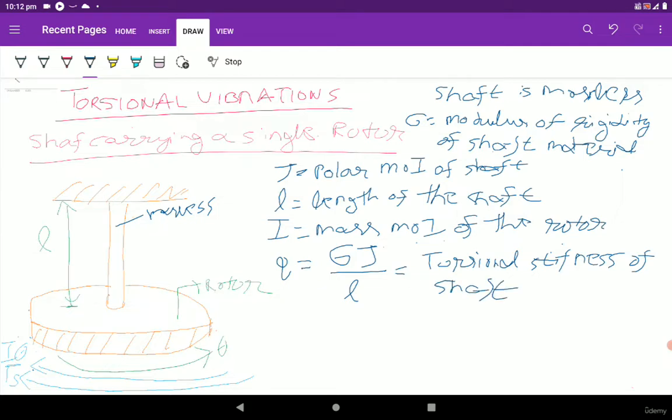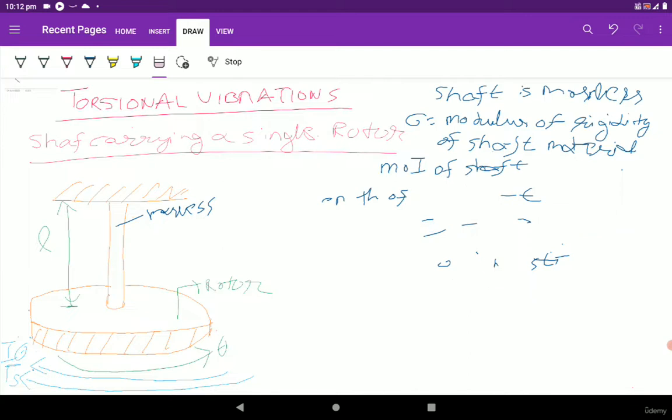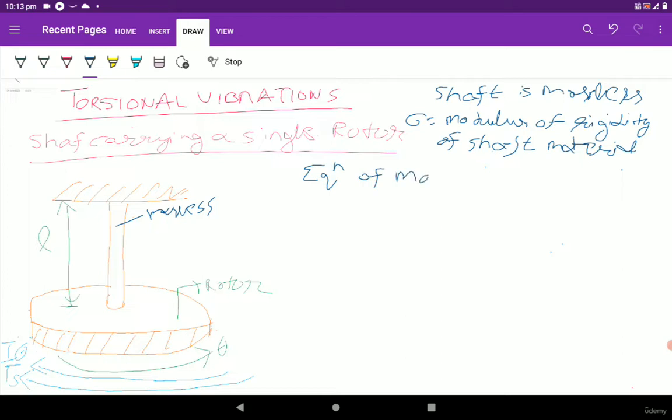By the equation of motion, inertial torque plus restoring torque is equal to 0.